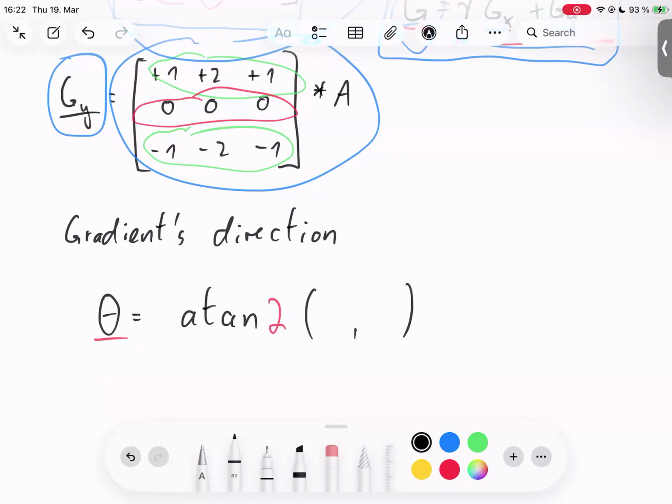And arctan2, you can look it up on Wikipedia or in your library documentation, what it does exactly. It's not the focus of this course, but you would not pass a fraction of Gy and Gx, but rather the two individual values. And this function will look into all the special cases and give you the right angle.